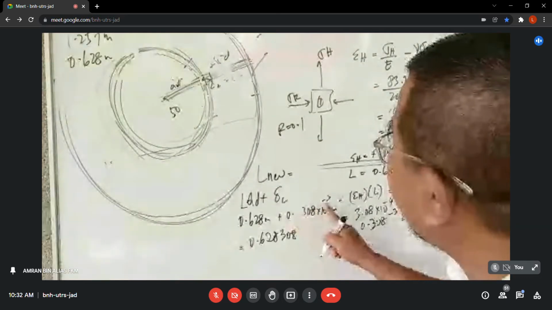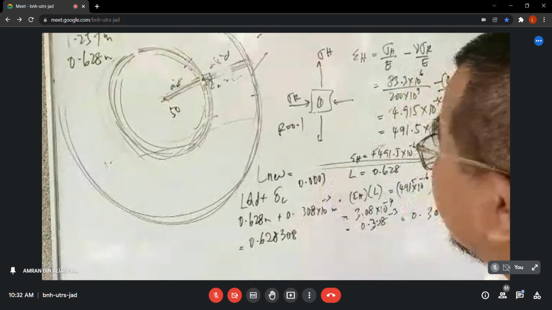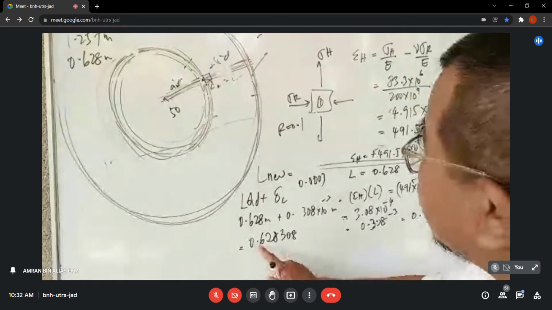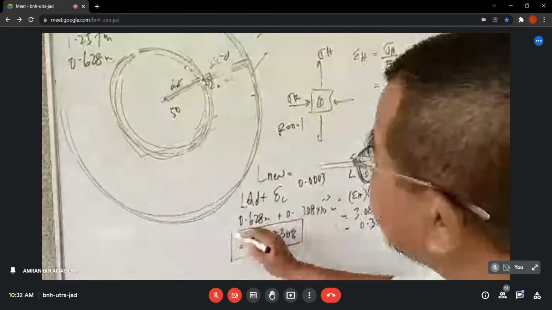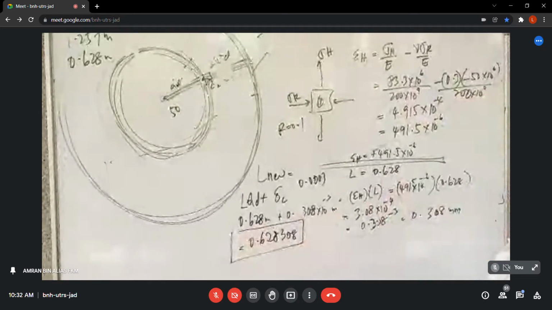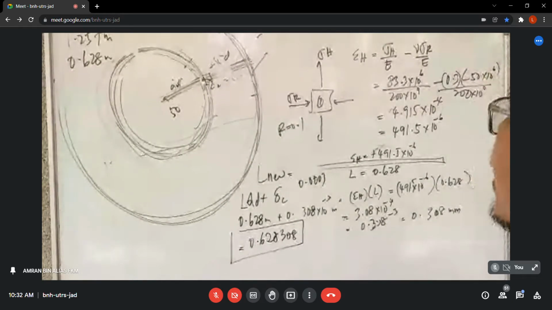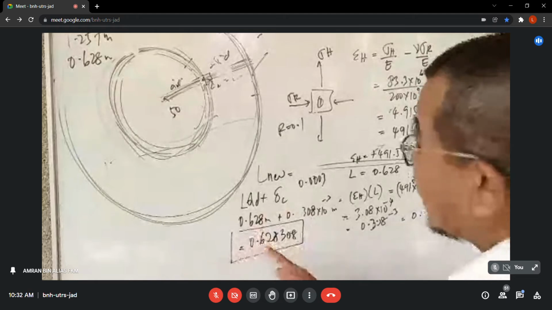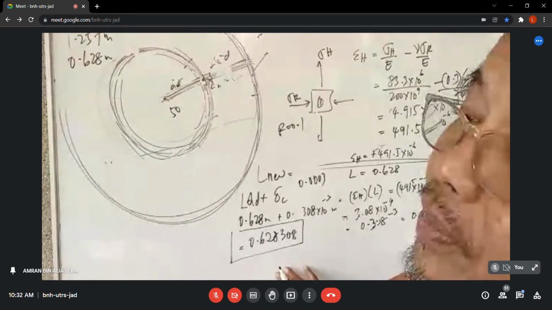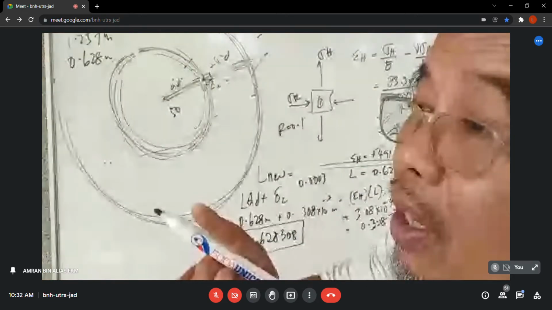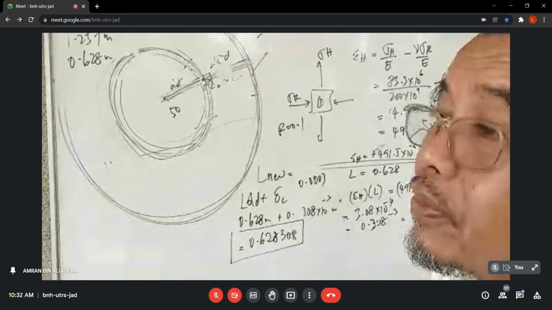So 0.3 times 10 to the power minus 3 is 0.0003, right? So you add it up, you got this one, right? Yes, doctor. And then this is L new. Can I find the R new? Yes, can.